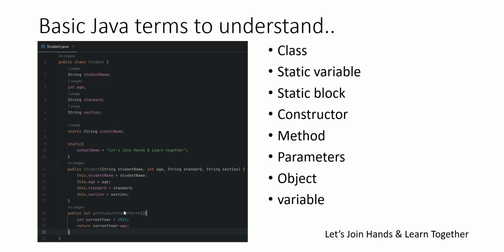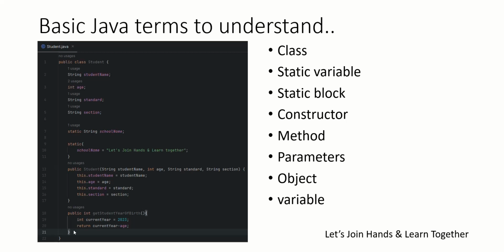If I am storing student information for Raj, and another student's information for Kumar, then if I want to access Raj's information, I should have some reference. Similarly for Kumar's information, I should have one reference. These references, or addresses, I would say, are called objects.